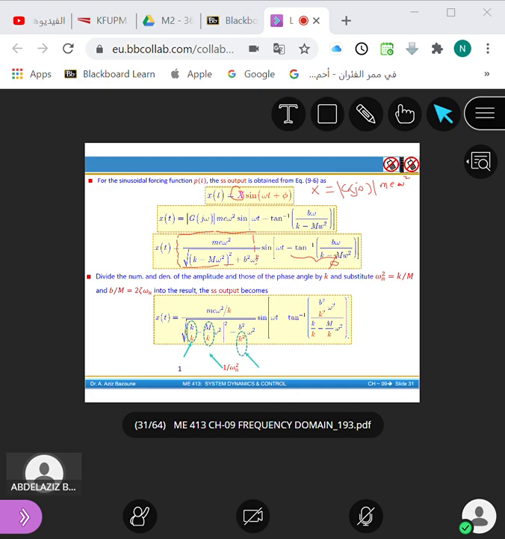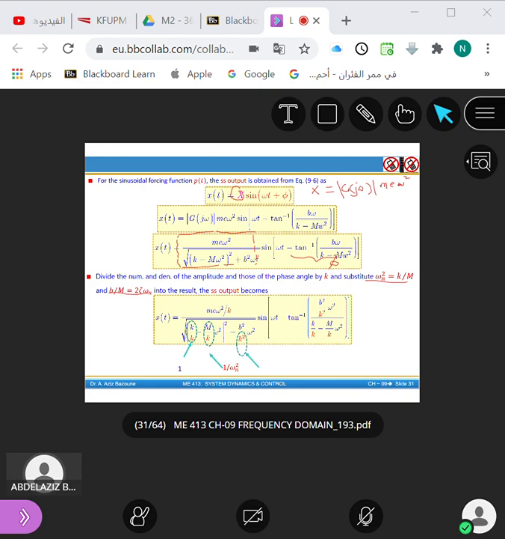We can write this one in a much simpler form by introducing these quantities to make the steady state response non-dimensional. So if we take ωn² equal to K over M, and if we take B over M to be twice zeta ωn, we can have this formula.